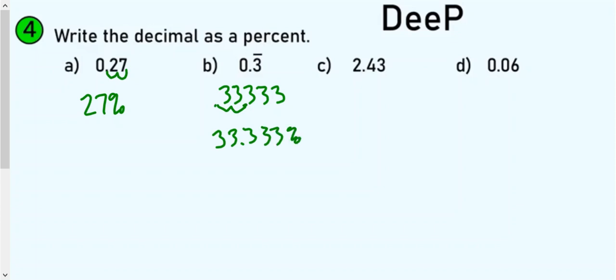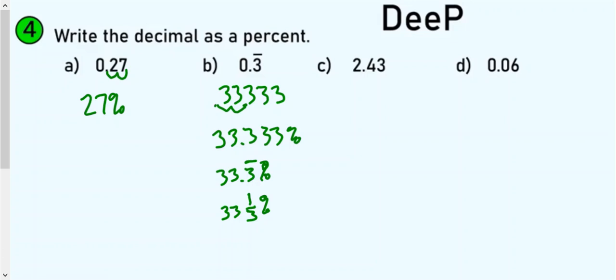Or if we write that using the repeating symbol, it would be 33.3 repeating percent. Also, that can also be written as 33 and 1/3 percent, because 1/3 is 0.3 repeating.